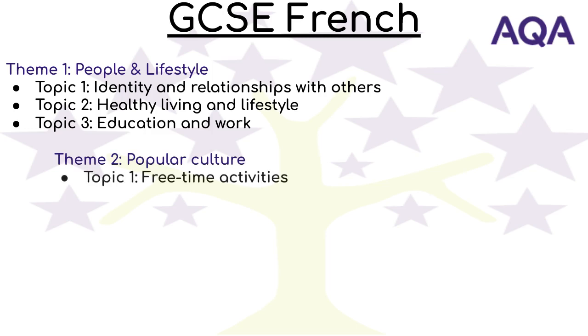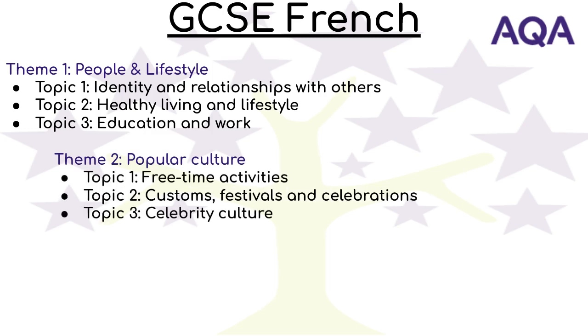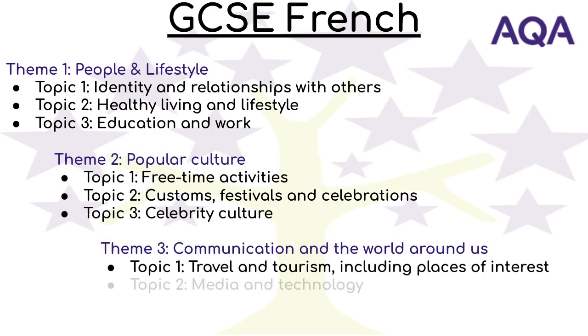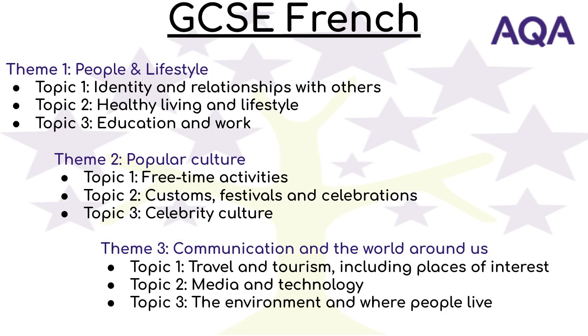Popular Culture, Theme 2: free time activities, customs, festivals and celebrations, and celebrity culture. And the third theme, communication and the world around us, is split again into 3 topics: travel and tourism, media and technology, and the environment and where people live.